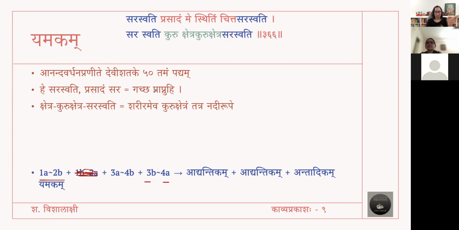The other adjective, in the fourth pada along with the third pada, is kshetra kurukshetra saraswati. The Saraswati here is not Vagdevata, but the Nadi Rupa Saraswati who flows in the Kurukshetra region, the Antarvahini Saraswati. The body itself is Kurukshetram, and there she exists in the form of a river. This entire body is like Kurukshetram, and Saraswati is the Antarvahini Nadi which makes that Kurukshetra a Punya Sthalam also.